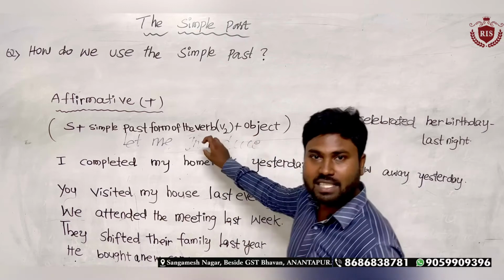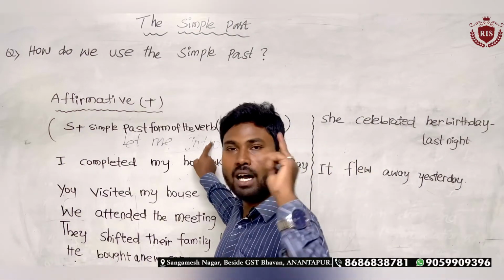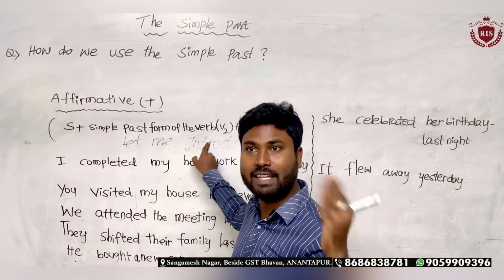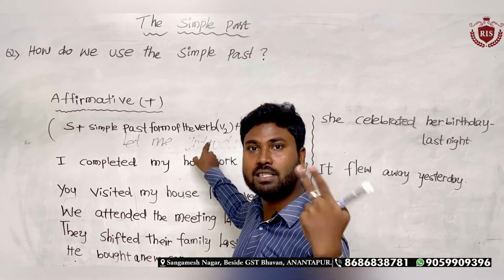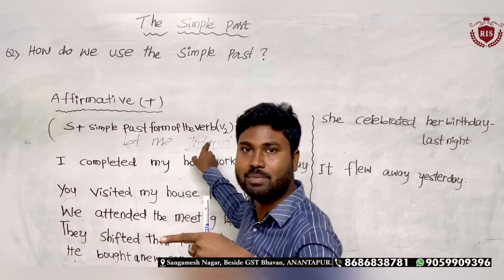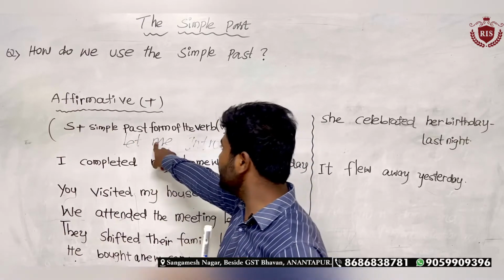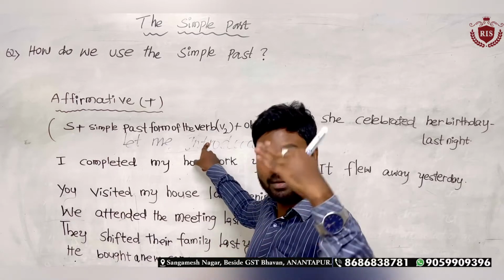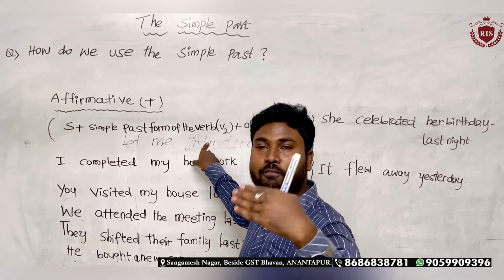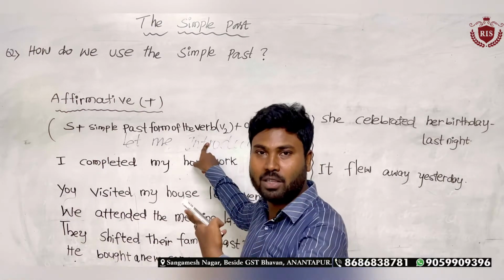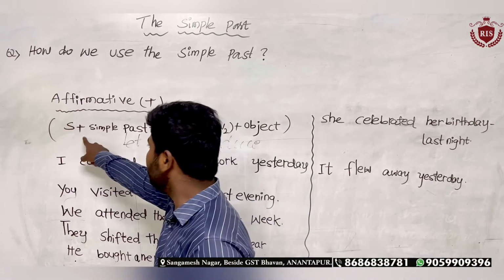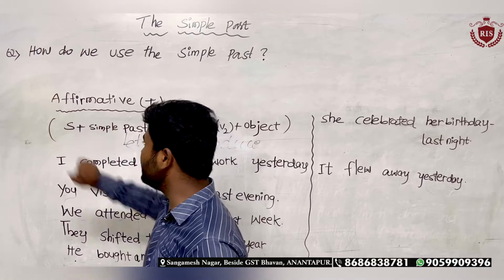In the very same way, how did we form the positive sentence, the affirmative sentence, in the present simple? There we used subject plus the infinitive form of the verb plus object, right? So here, in the place of the infinitive form, we use the V2 form. That's all. Otherwise it is the same formation for both tenses in positive cases. Once again, go through this formula.